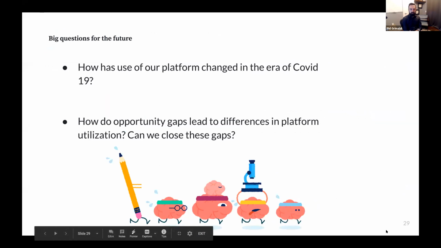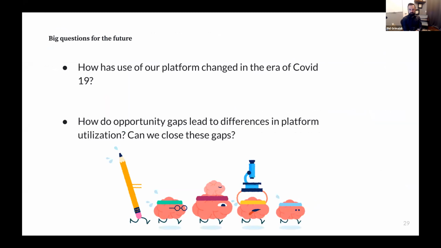So beyond just these engineering changes and changes to our methods that we're eyeing, we also have a lot of big questions for the future. And top of mind, no surprise, is COVID-19. Khan Academy has been really thrust into a large leadership role amid the COVID-19 crisis.